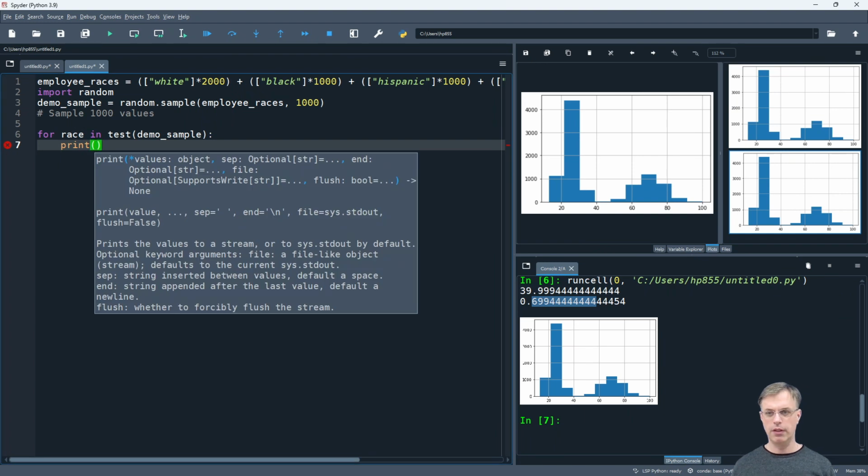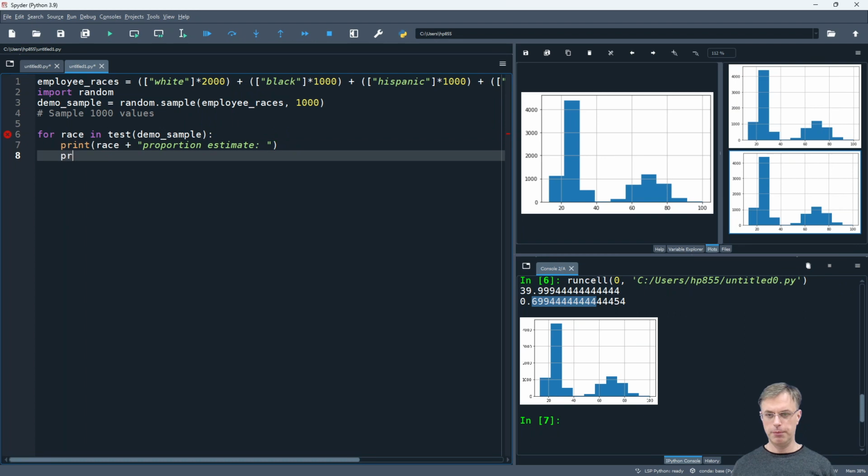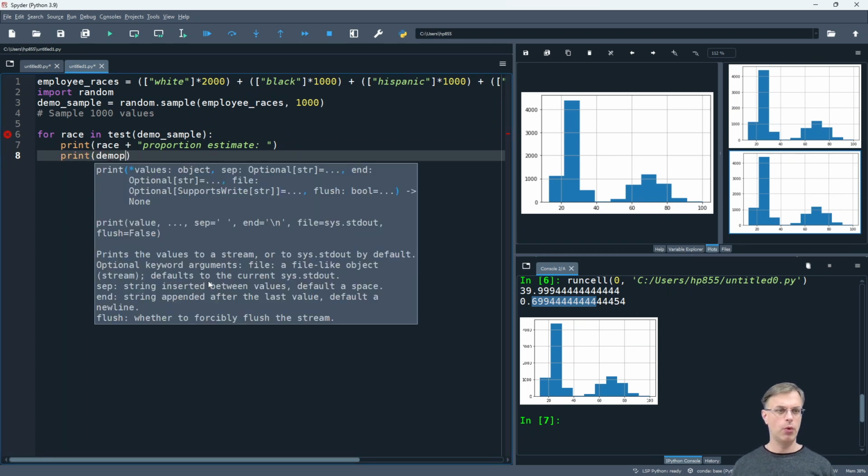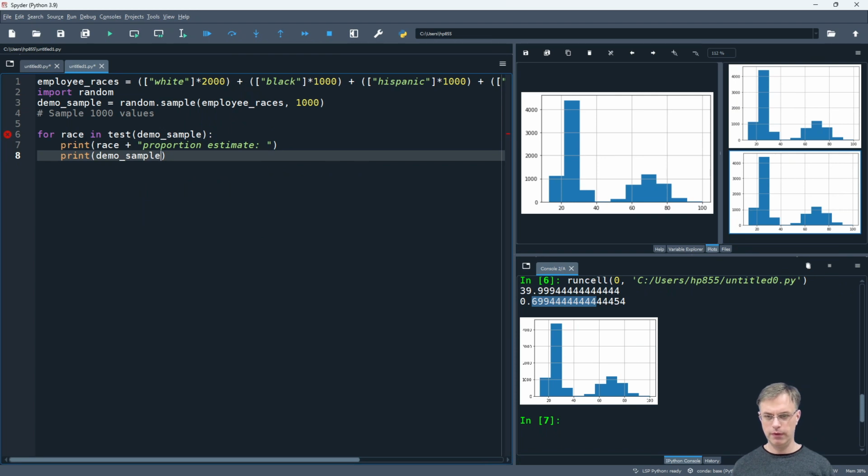print race plus proportion estimate, and print demo sample count race divided by 1000.